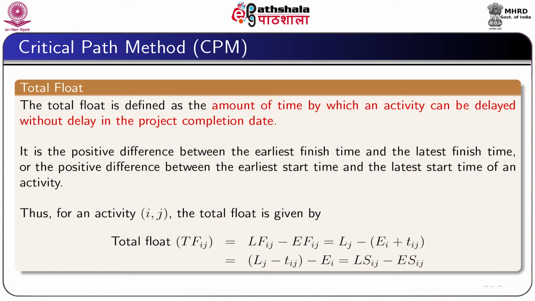Therefore, we can write the total float for the activity ij, TFij, which is equal to LFij minus EFij, and since EFij equal to Ei plus Tij, we can write TFij, that is the total float, is equal to Lj minus Tij minus Ei, which is actually equal to LSij minus ESij, the latest start time of the activity ij minus the earliest start time of the activity ij.